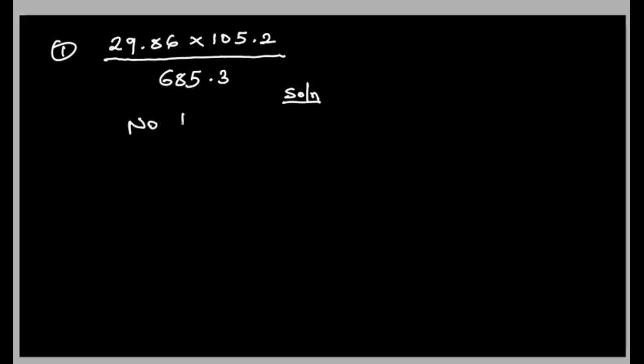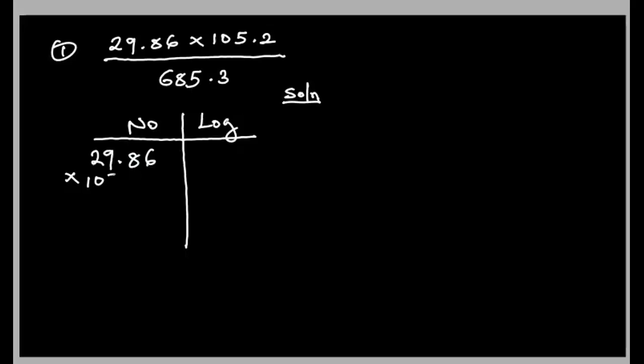We take the log of each number. Now, for the numerator, we have 29.86 multiplying with 105.2.